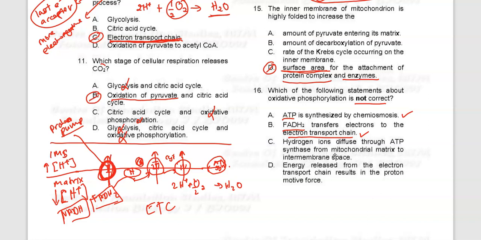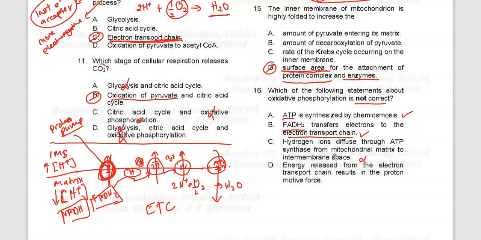Statement C: hydrogen ions diffuse through ATP synthase from the mitochondrial matrix to the intermembrane space. This one is incorrect because the diffusion of hydrogen ion is from the intermembrane space back into the matrix.